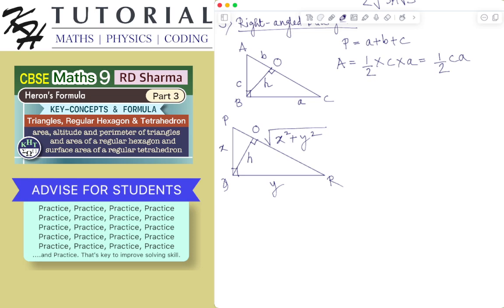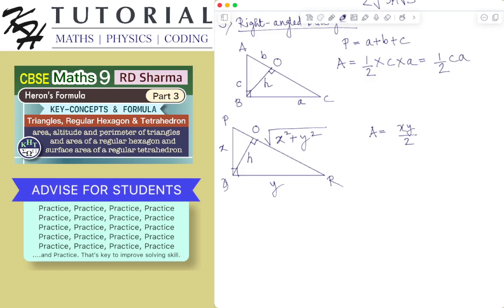We know that the area will be equal to xy by 2, that is half into height into base. You can consider PQ as the base and QR will be height, or if you consider QR as the base, PQ will be height. So in any case, the area of this right angle triangle will be xy by 2.